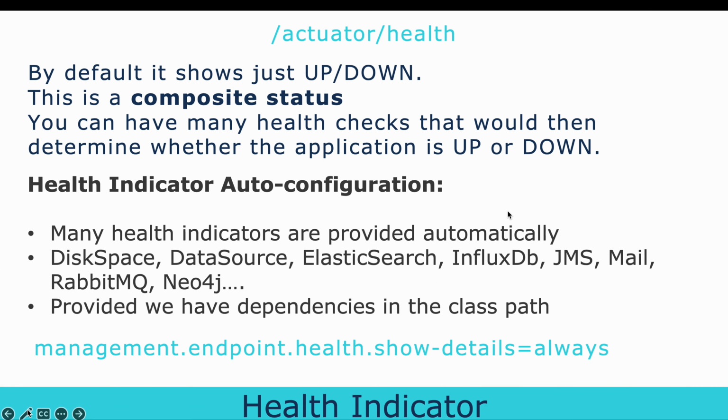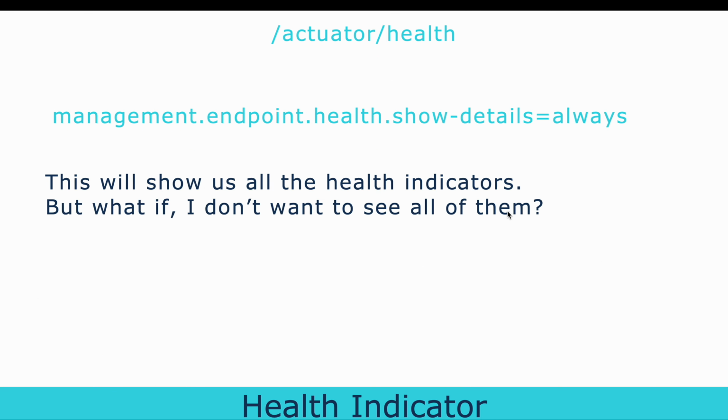If maybe you're working with Java Mail in Spring and you have the mail starter in the classpath, you are going to have the mail health indicator implemented for you because of auto configuration. If it's ElasticSearch or RabbitMQ, you will have all that information implemented for you.